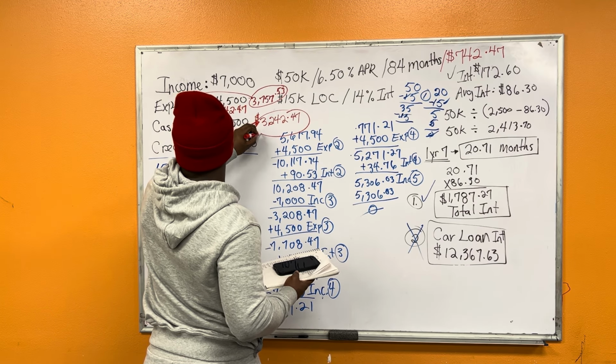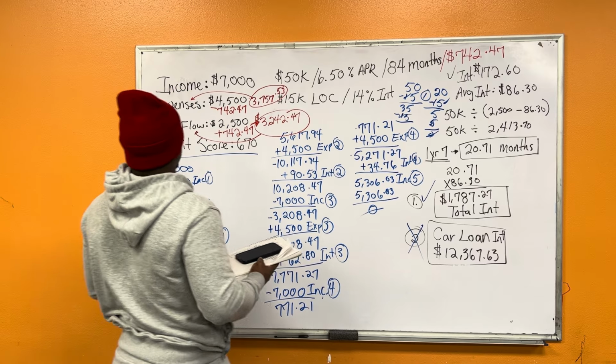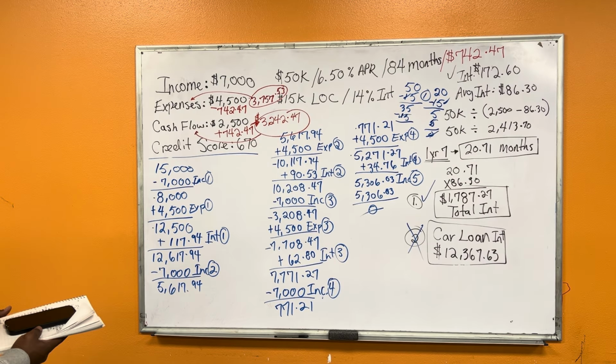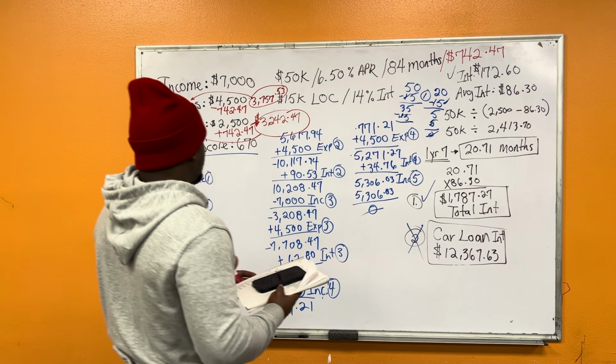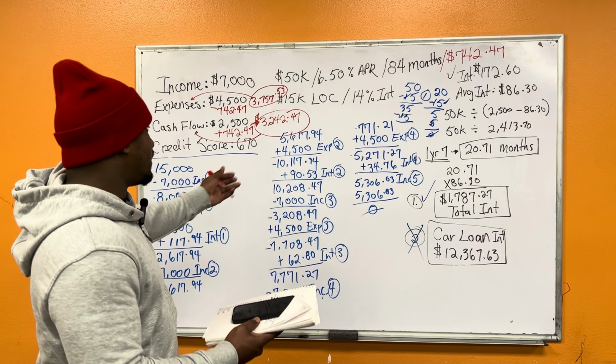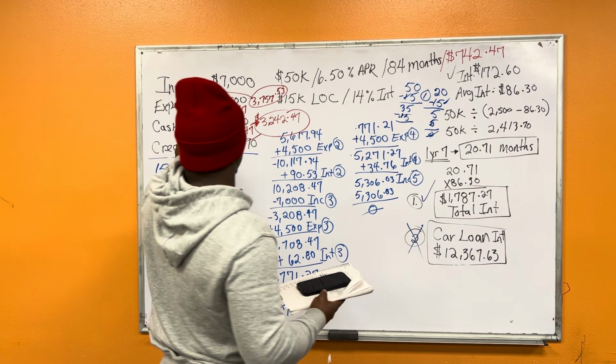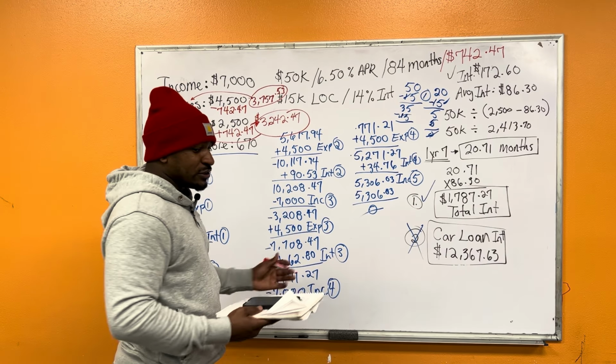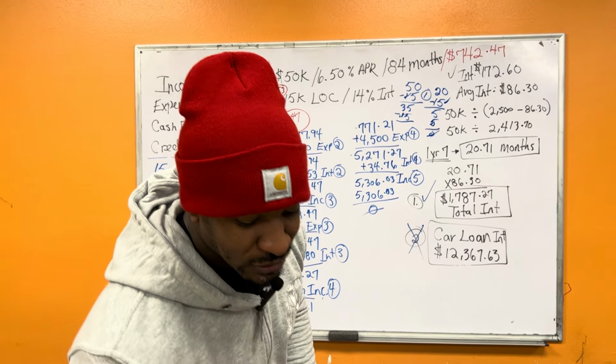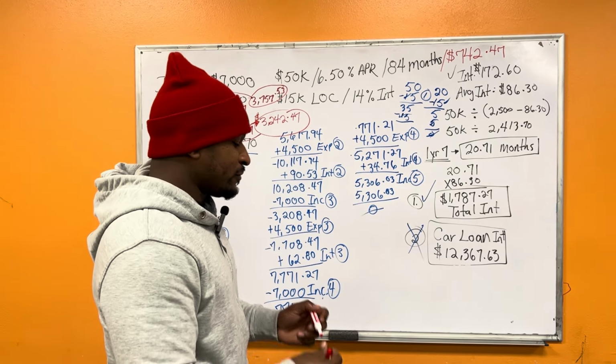That's your new expense. That's your new cash flow. So you gained money in cash flow. You lost money in expenses, which is good. If we can get our expenses to zero, that's what we want to do.